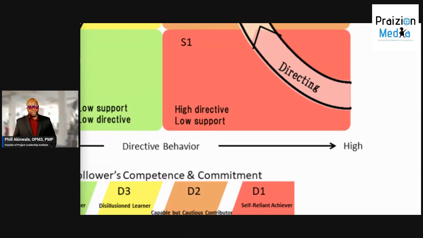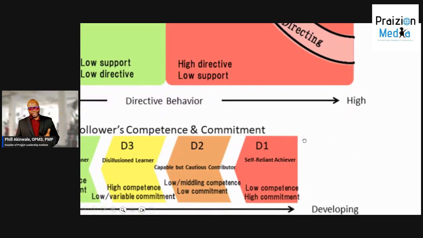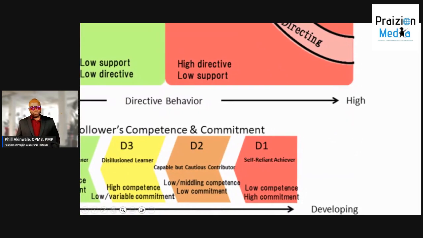Okay. So when we say directive behavior, we're talking about the extent to which you, the leader, tells the follower what to do and how to do it, where it needs to be done and when it needs to be completed.